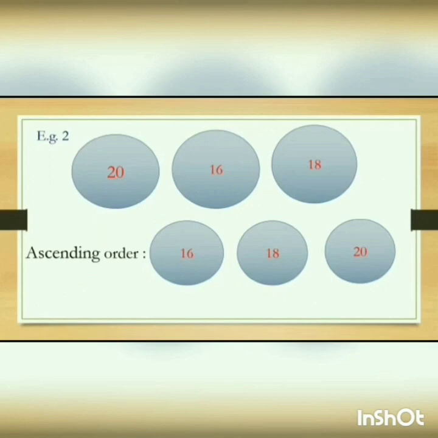Very good. Second comes the middle number, 18. Very good. And last, which is the biggest number? 20. Very good. So the ascending order will be 16, 18, 20. It means we arrange from the least to the greatest number.